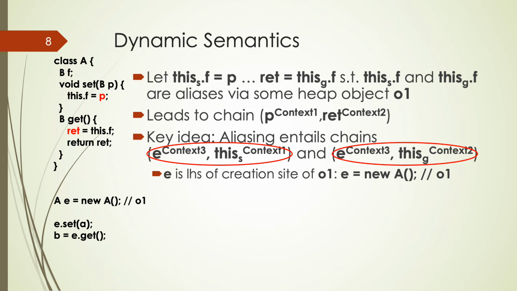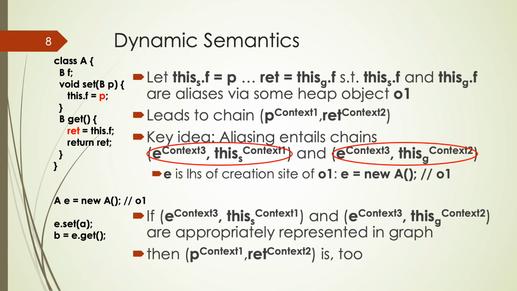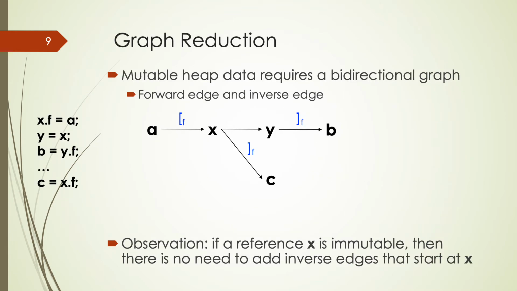So this observation allows us to make an inductive argument for the representation of the p to ret chain in the graph. So if E to this of S and E to this of G are appropriately represented in the graph, then p to ret is appropriately represented in the graph as well.